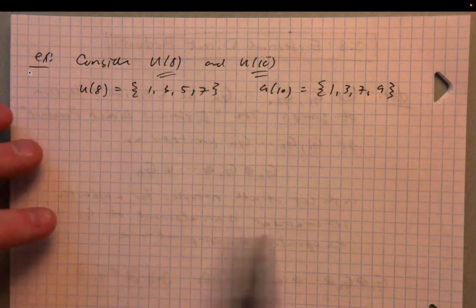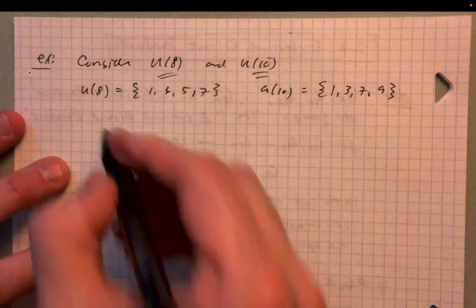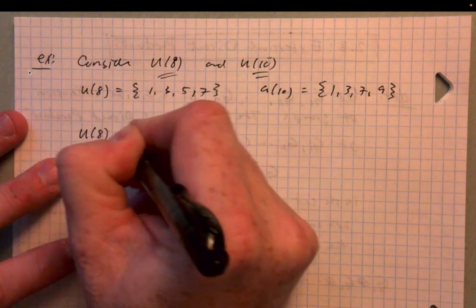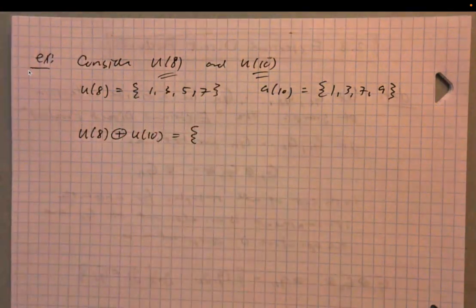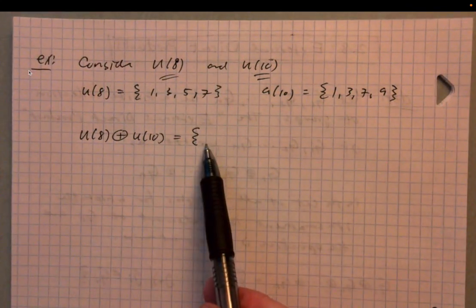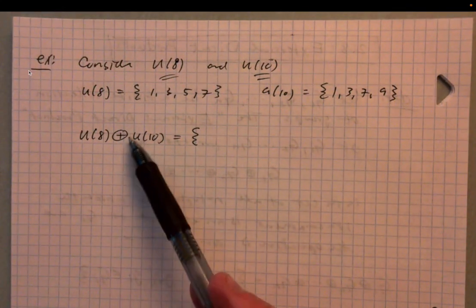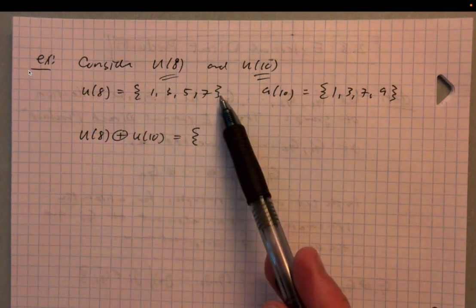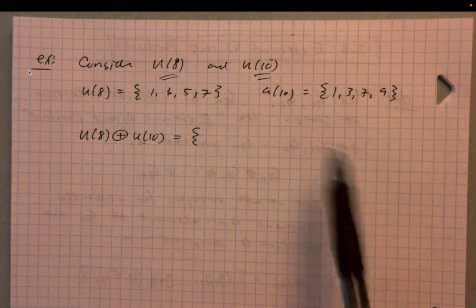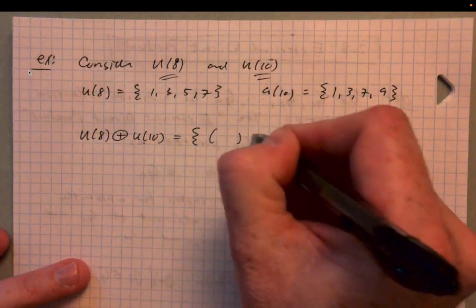Okay, and we can create an external direct product of these groups. So U8 plus U10. What does that look like? Well, for each of the elements in this group, the first component is going to be from U8. The second component is going to be from U10. So we could just write these all out.